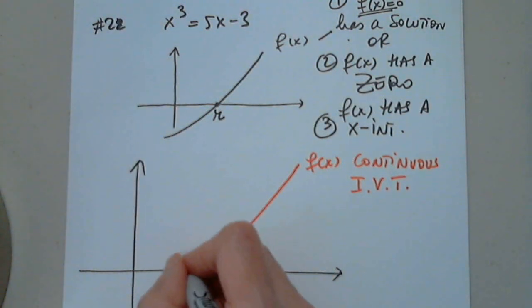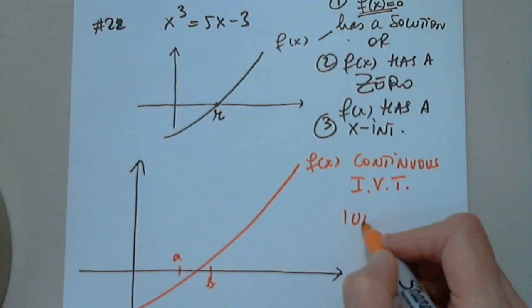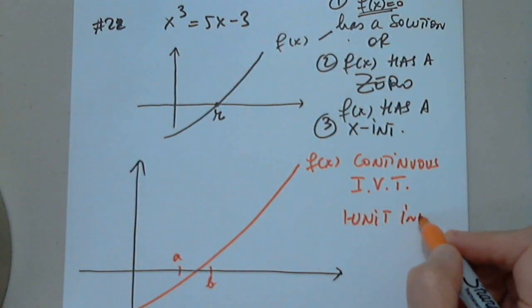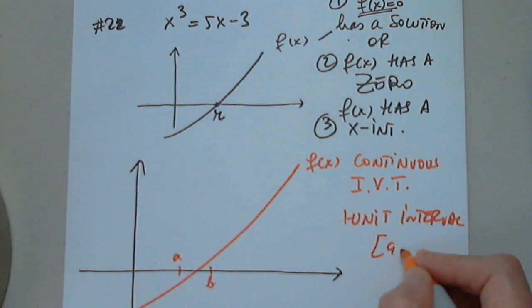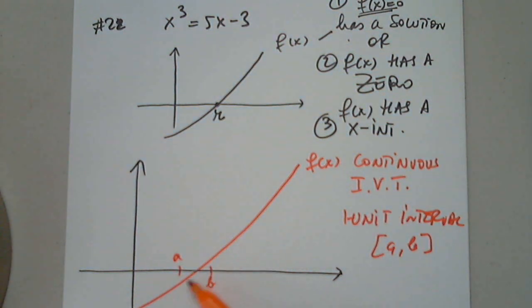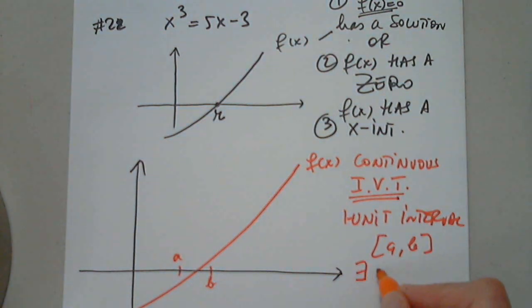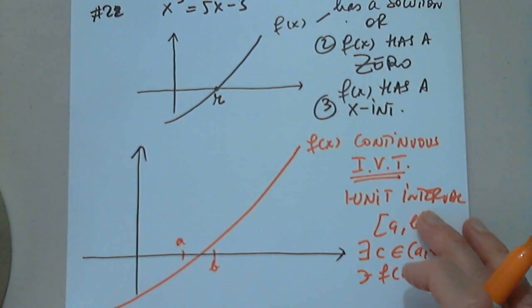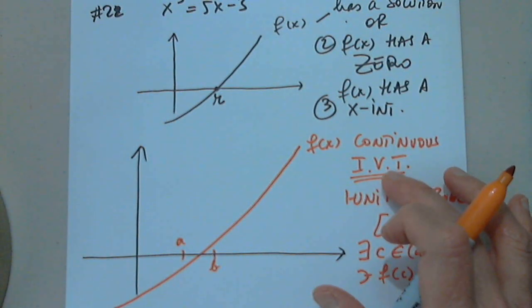I find an open interval (a, b), 1 unit or smaller, but 1 unit is fine, where the function is continuous, of course, and it changes sign. IVT guarantees that there exists a c in the open interval (a, b) such that f(c) is 0. We discussed this a long time ago in chapter 2 under continuity, intermediate value theorem.